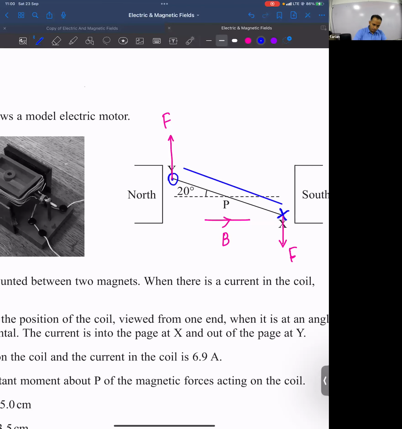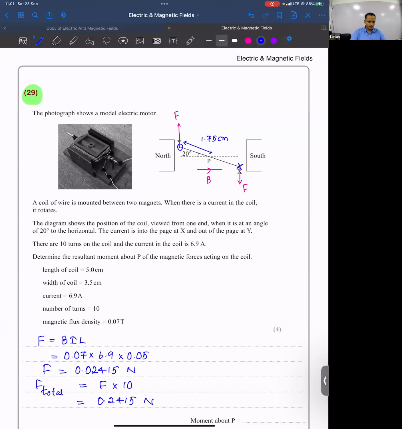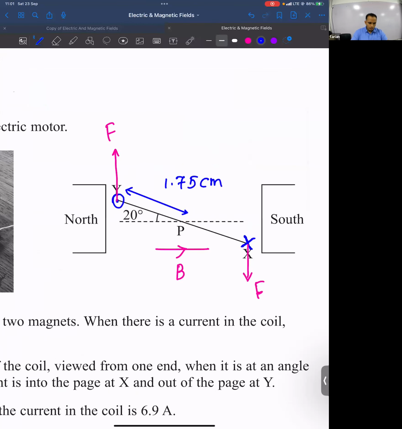Since that is 3.5 centimeters, from P to here, this length will be half of 3.5 centimeters, which is 1.75 centimeters. But I want the perpendicular distance from here to here. This perpendicular distance is what I want.